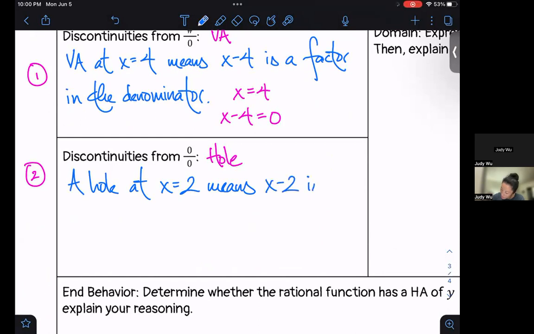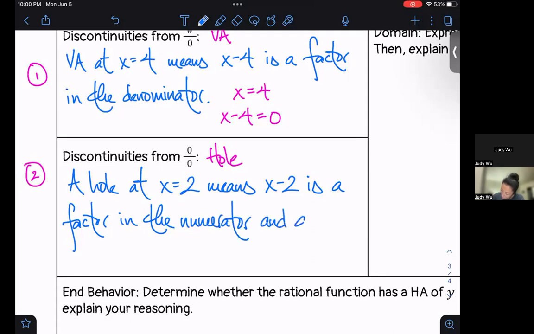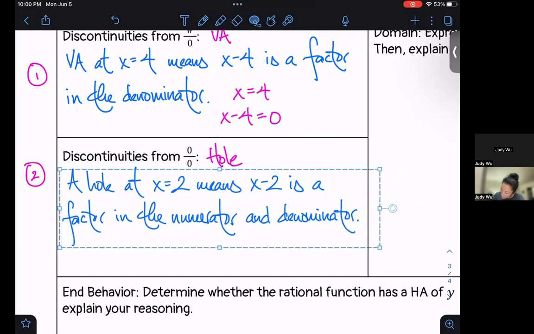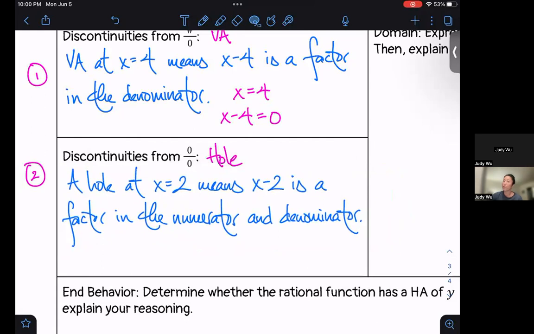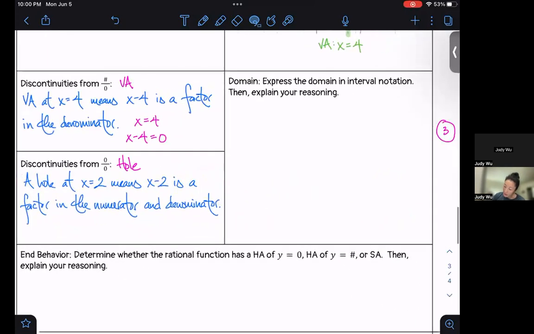X minus 2 is a factor, it's not just in the denominator, it's in the numerator and the denominator. A hole at x equals 2 means x minus 2 is a factor in the numerator and the denominator. So what does that mean about our domain?